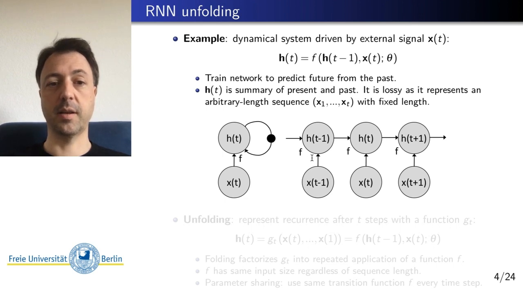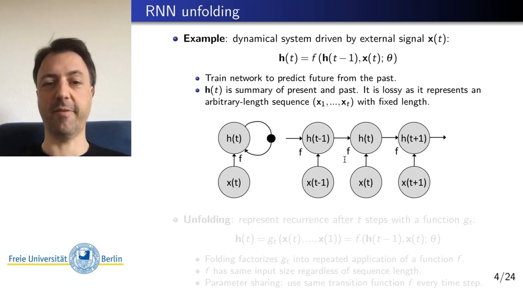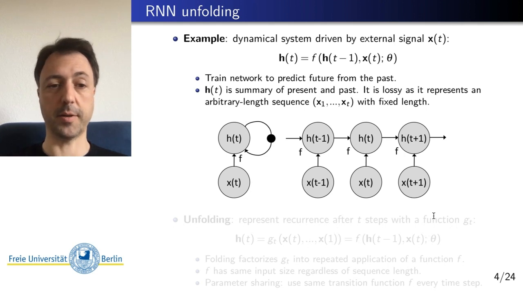And then we update h of t minus 1 by applying f to this initial value of h and x of t minus 1. So now we have computed h of t minus 1. Now we can apply f again to compute h of t using h of t minus 1 and x of t. And we can do the same for h of t plus 1, etc., etc. So in this way, we can unfold the sequence or the recurrent neural network into an explicit time sequence for as many time steps as we want.